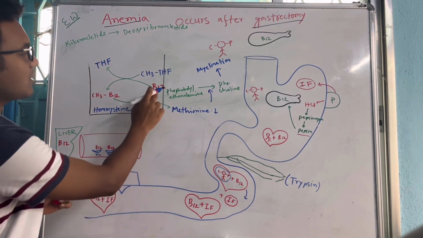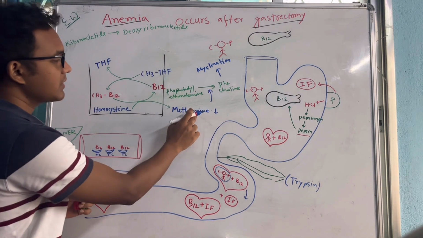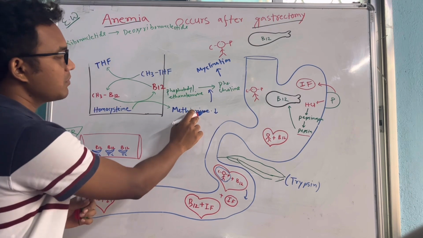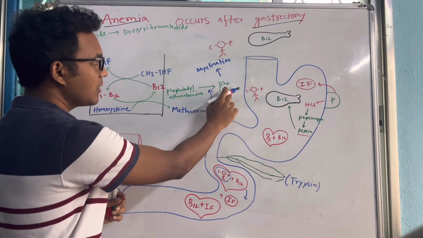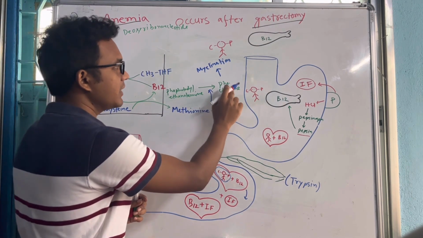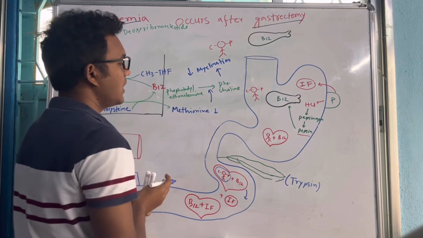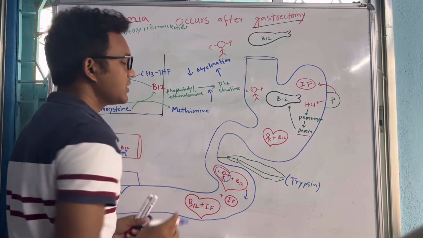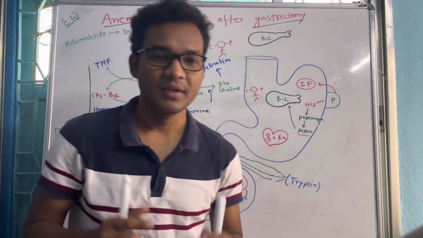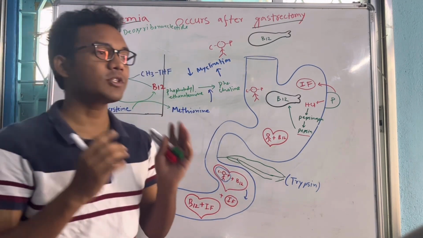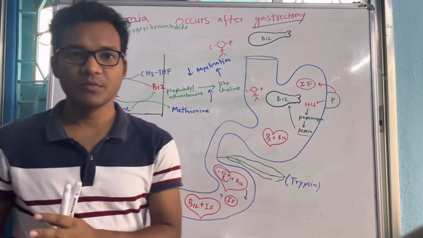So if there is decreased B12, there will be decreased methionine, and decreased methionine means decreased phosphatidylcholine. Decreased phosphatidylcholine leads to decreased myelination of neurons, so what will be the problem? The patient will suffer from neurological problems.